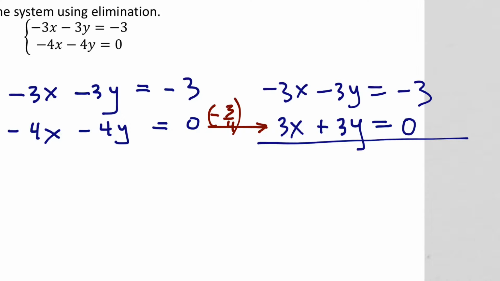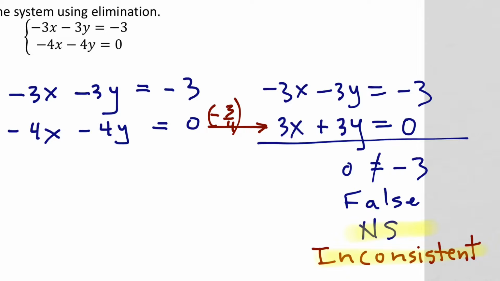So we've got a 0 here on the left-hand side, and we've got on the right-hand side negative 3 plus 0. So that's equal to negative 3. All right, that looks like a false statement right there. So that indicates we have no solution. So there's no solution for this system of equations, and we call that an inconsistent system of equations.